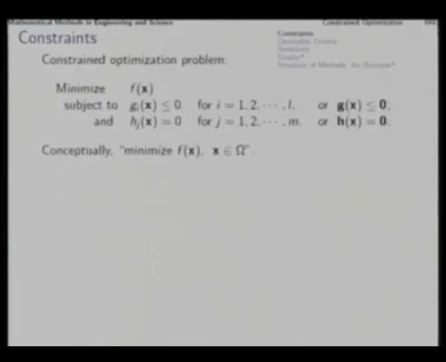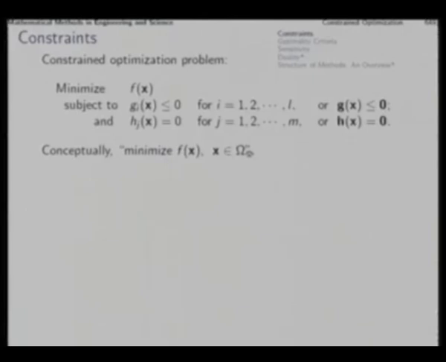As I told you earlier, the typical form of an optimization problem is like this, in which you want to minimize a function of several variables in the vector x subject to certain inequality conditions and certain equality conditions. Conceptually, you can say that the statement of the problem is: minimize a function of x, in which x must belong to a given domain omega.